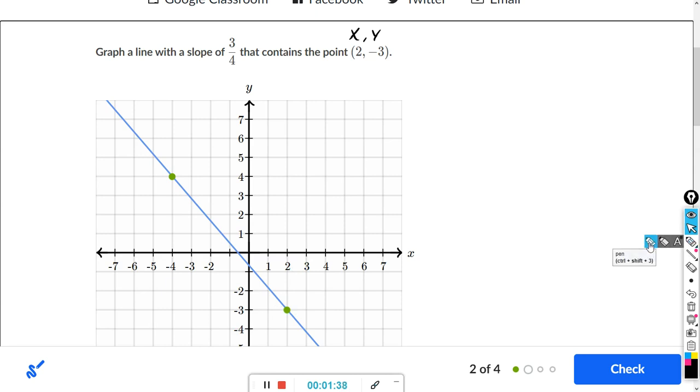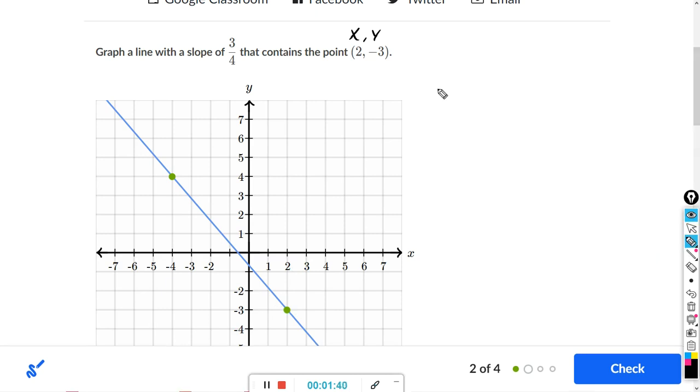Now for the slope, remember the formula for slope is rise over run. Okay, so the numerator of the slope, well, let me write the 3/4 here. The numerator of the slope tells us how far up, down. The denominator of the slope tells us how far left, right.